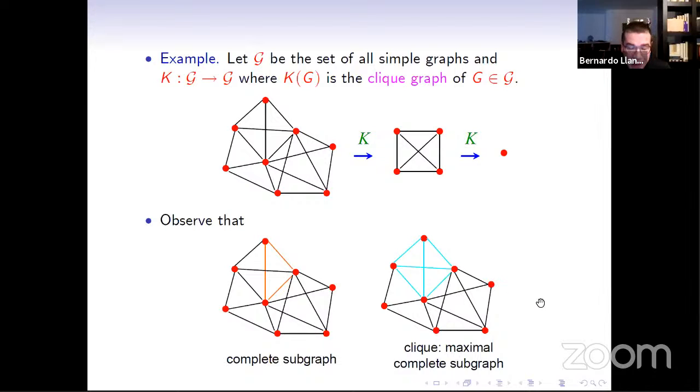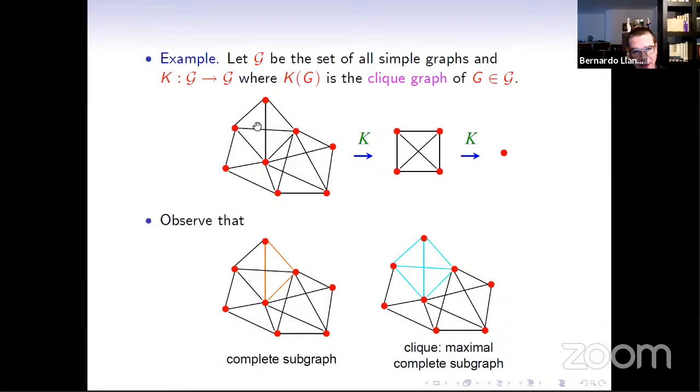So I will look for the cliques of a graph. For example, in this example, I have this clique, this K4 here. I have a K5 here, and I have a triangle here and a triangle here.